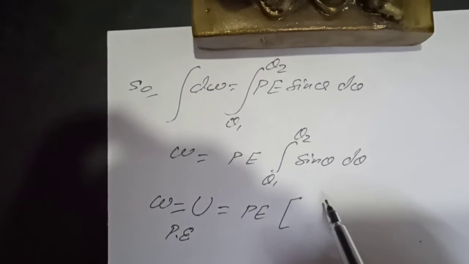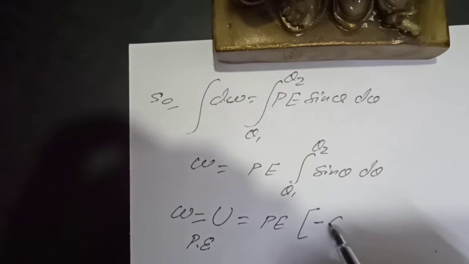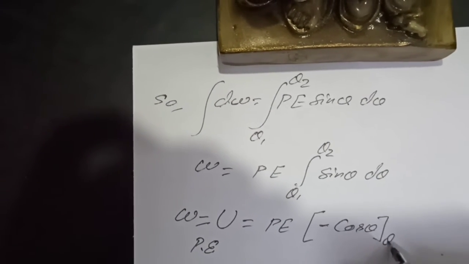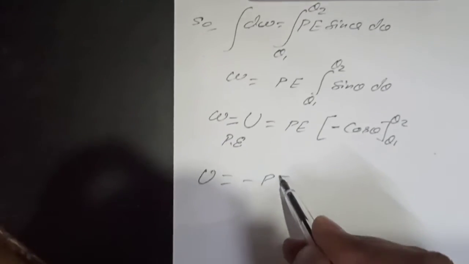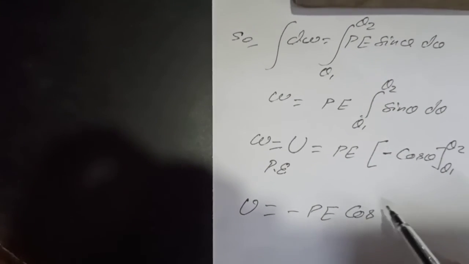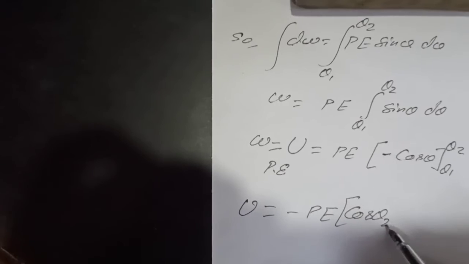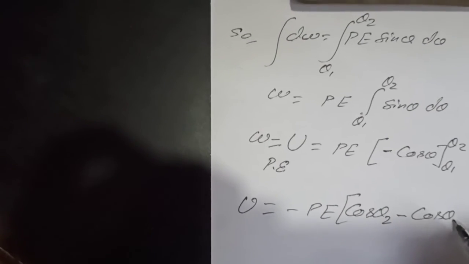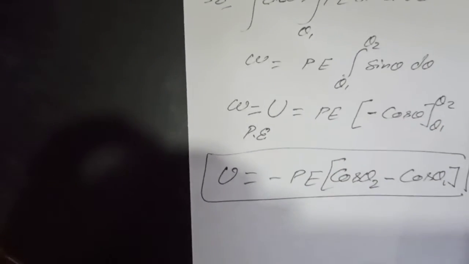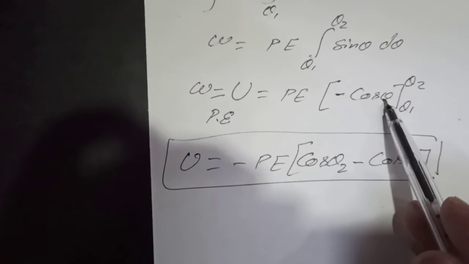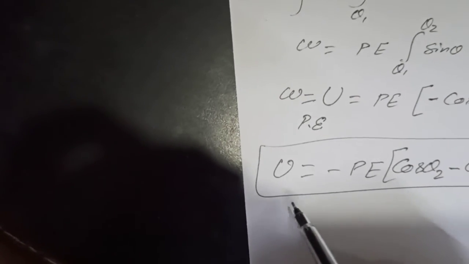The differentiation of sin theta is cos theta positive, but the integration is minus cos theta, from theta 1 to theta 2. So U is equal to minus PE, cos theta 2 minus cos theta 1. First of all, the upper limit theta 2, then minus sign, then theta 1. So this is the formula.